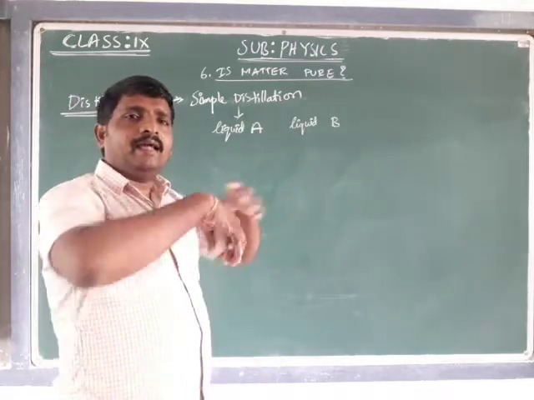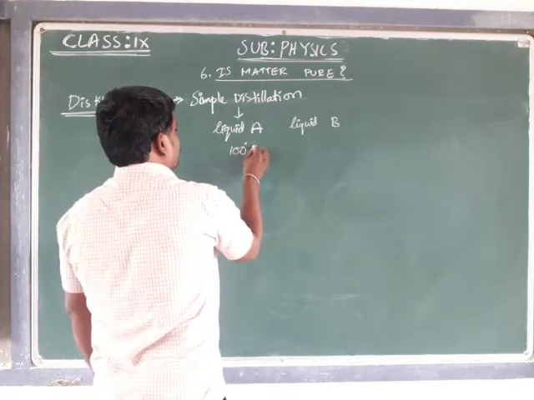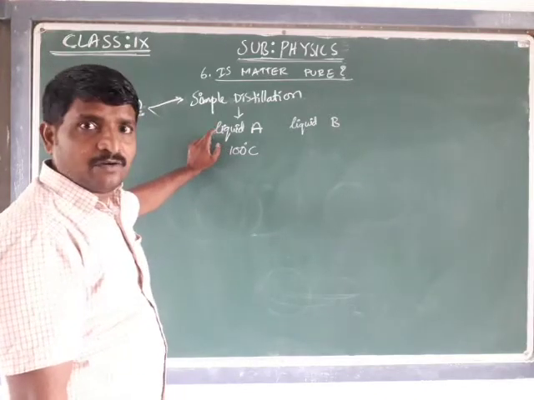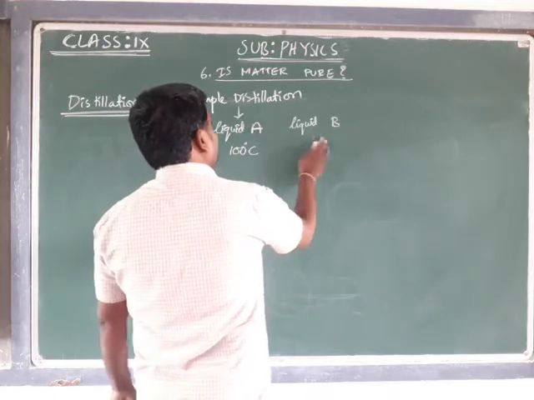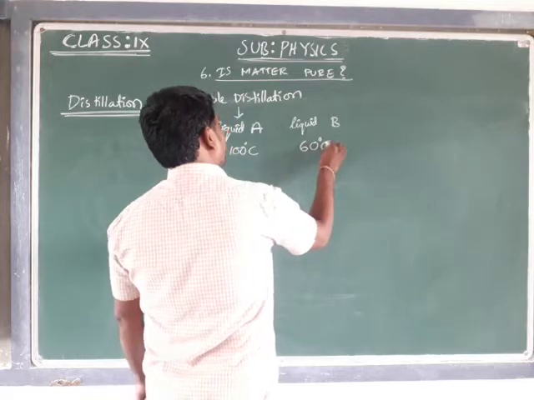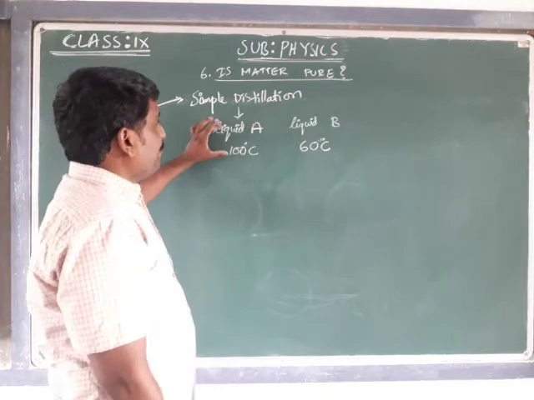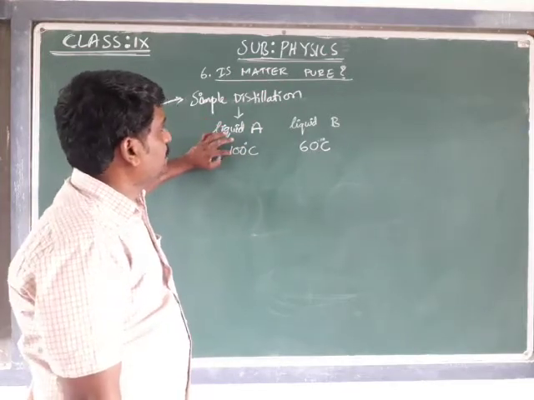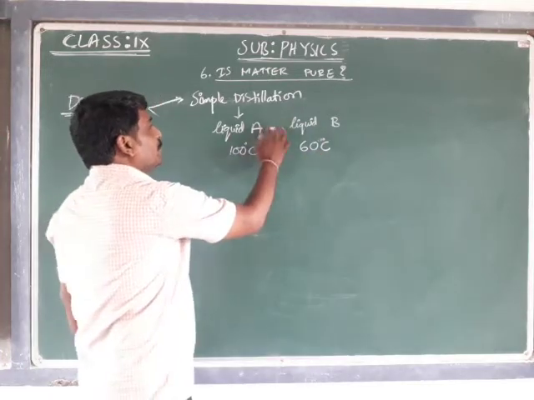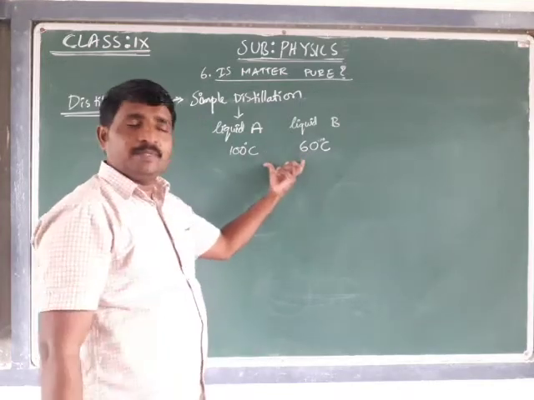Assume they have mixed, where the boiling point of A is, suppose, 100 degrees Celsius and the boiling point of B is 60 degrees Celsius. Both are mixed and form a miscible mixture where they do not form two different layers.